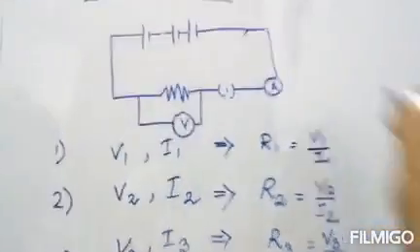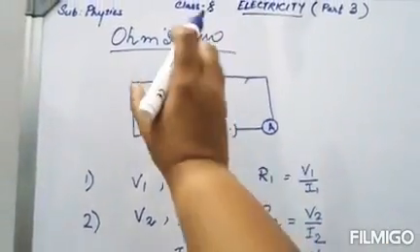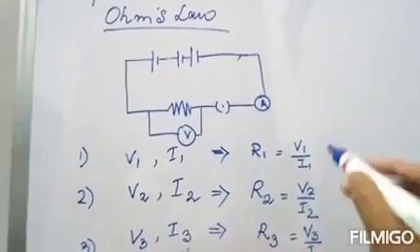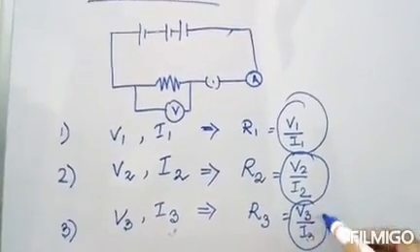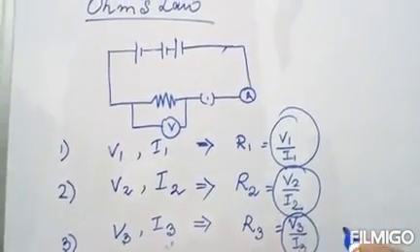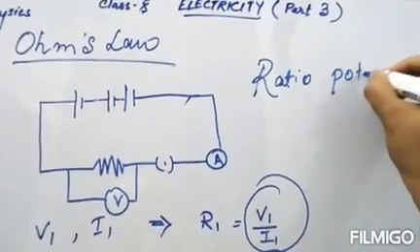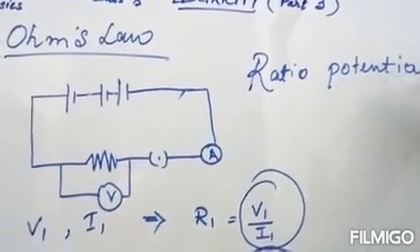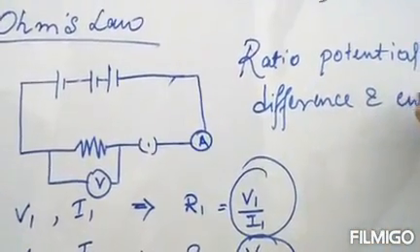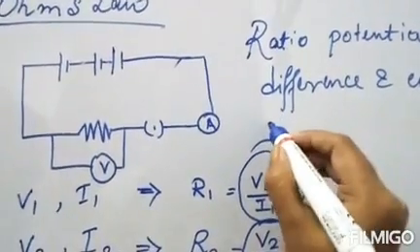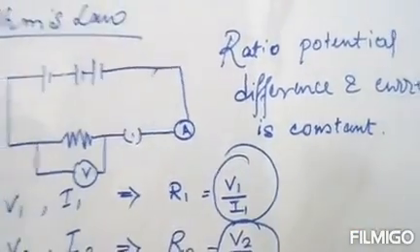Okay, after this experiment, however much you increase the number of cells, you will always see that the ratio of potential difference and current is constant.